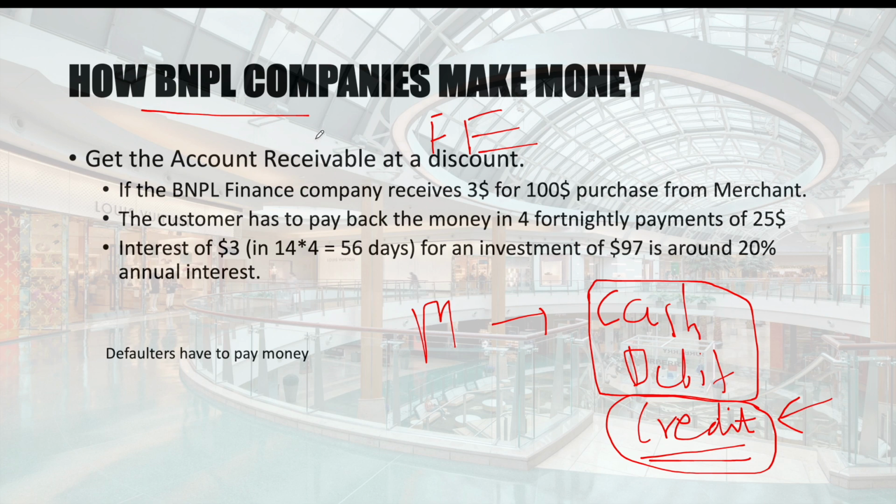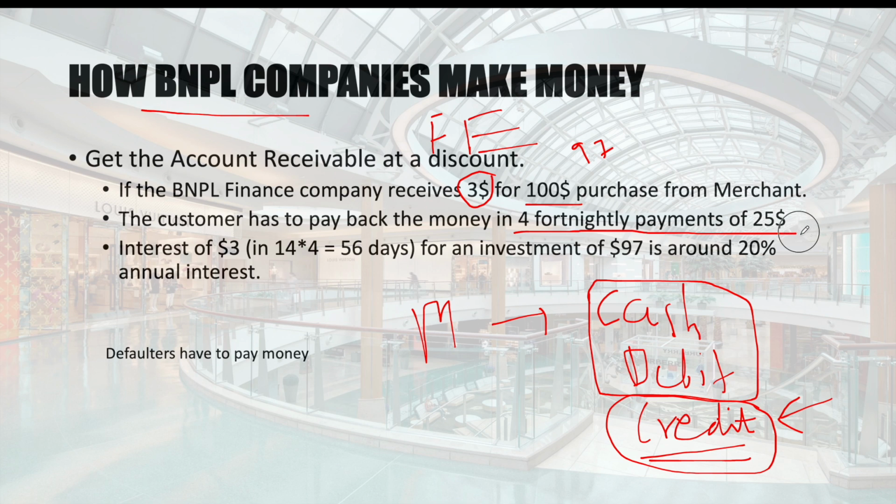For the company which is making money, they receive $100. Even though they paid the merchant 97, they still receive $100, which means immediately they have $3 worth of profit. So let's say the term was that the customer will be paying the $100 in fortnightly payments, four fortnightly payments of $25 each.